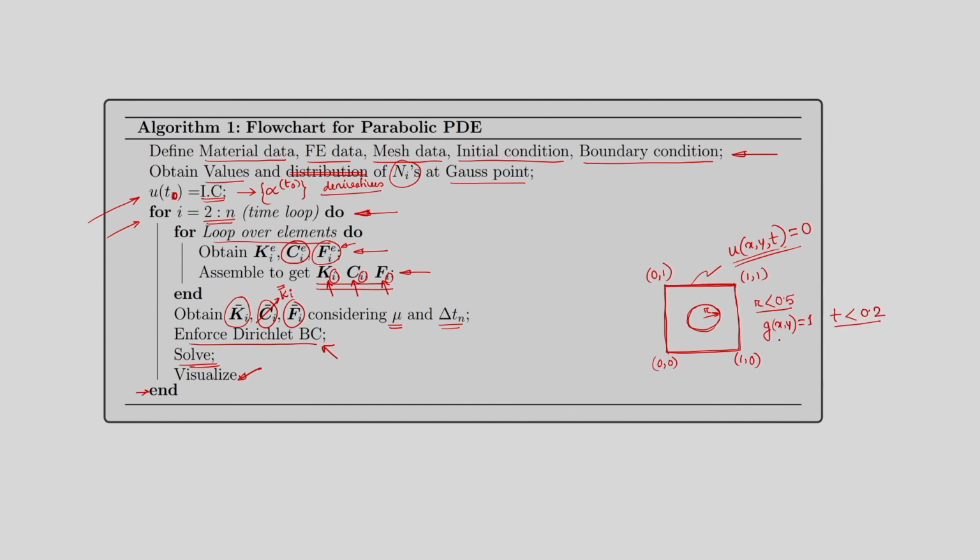This heating element remained on for t less than 0.2, after which G becomes 0 for t greater than 0.2, and the whole simulation has been done for 0.5 second.